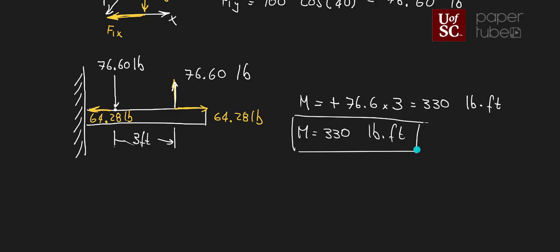Now, let me ask you to do something to see what you get. What if you calculate the moment of those two forces and add them together about a point somewhere else, let's say a foot to the right of this force?